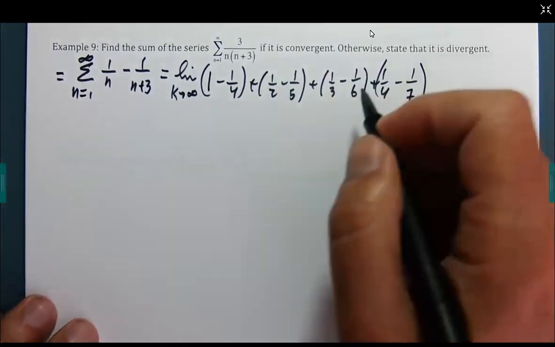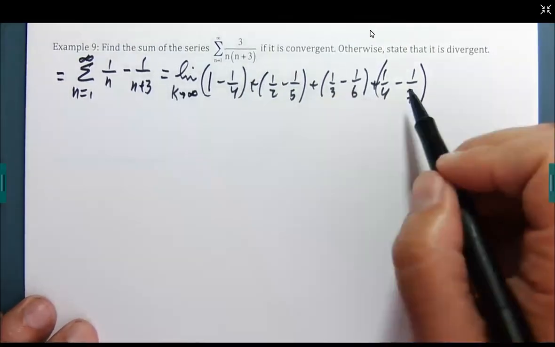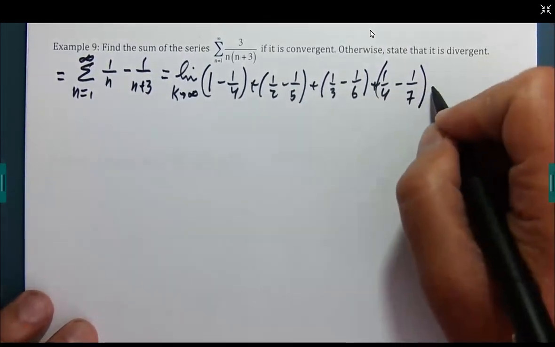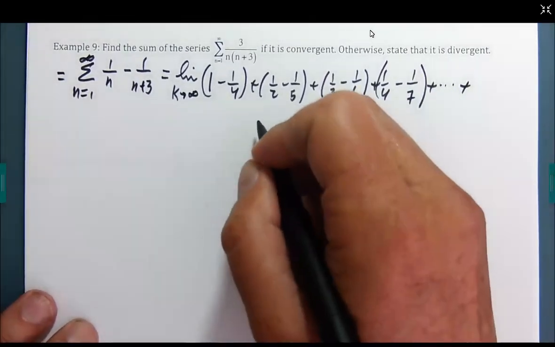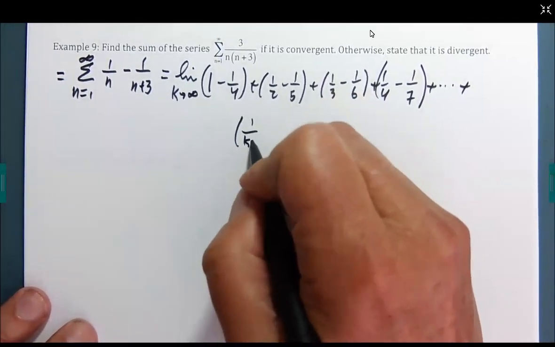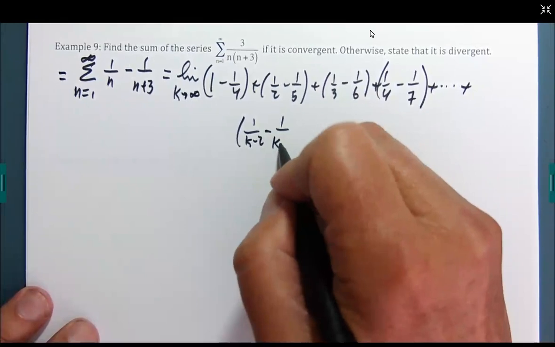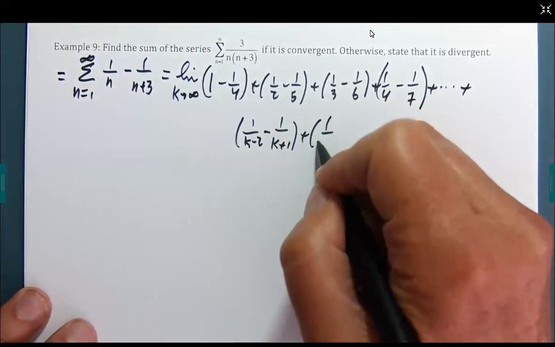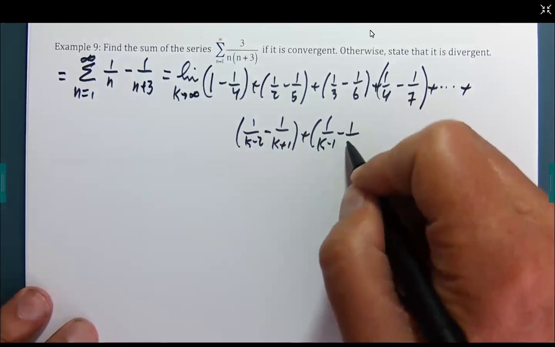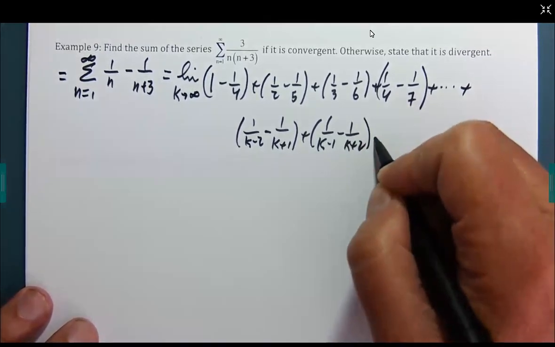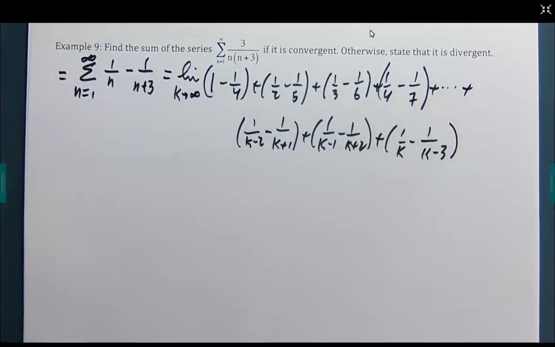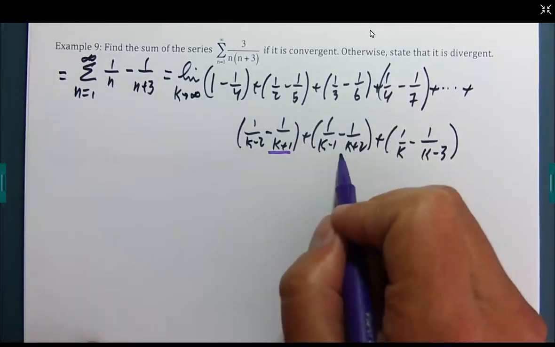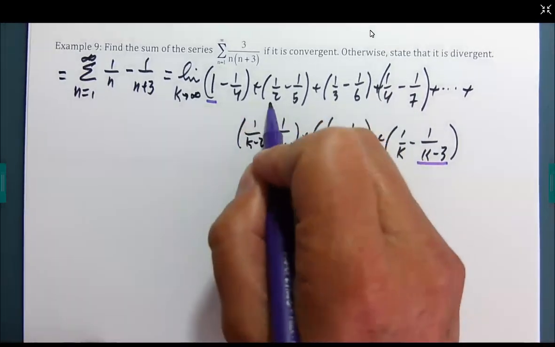Now, I'm hoping you can see here that the minus 1/4 finally is going to get canceled. So we're going to get a lot of things that cancel. Let's talk about what we're going to keep. We're going to keep 1 over k minus 2 minus 1 over k plus 1, plus 1 over k minus 1 minus 1 over k plus 2, plus 1 over k minus 1 over k plus 3. And we are going to keep only that, that, and that, and then 3 here.